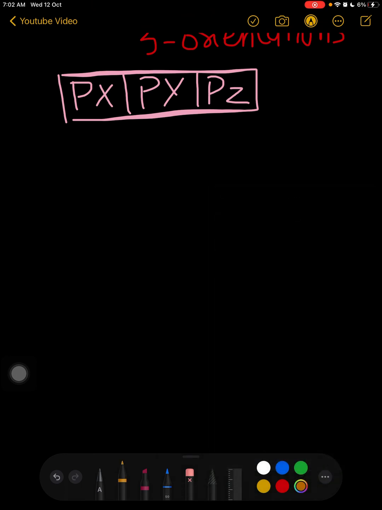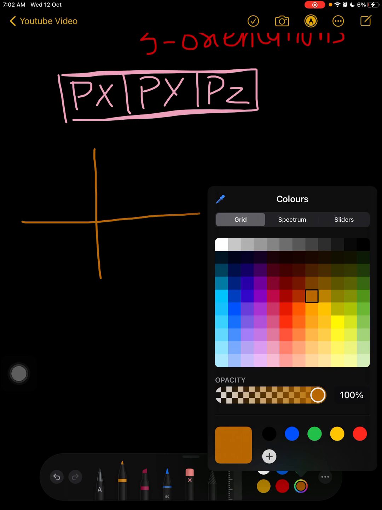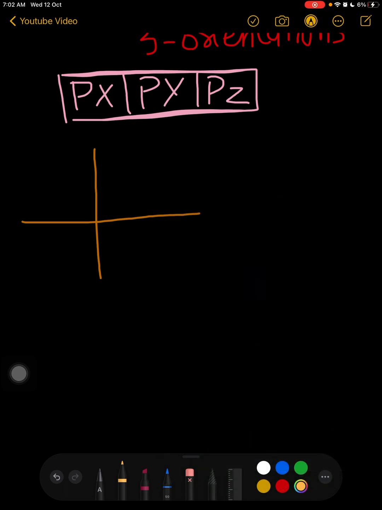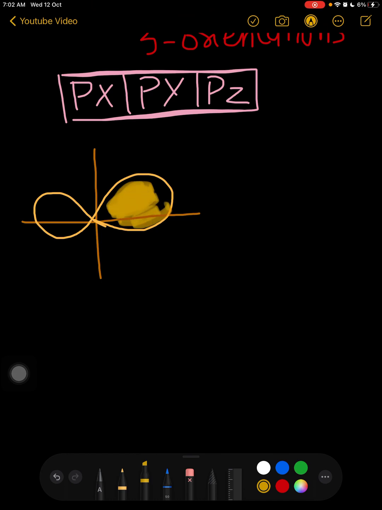Okay, now let's look at the shape of px first. This is the axis, right? Let's first make this. This is px. This is actually dumbbell shaped. Px is dumbbell shaped. You can see over here.